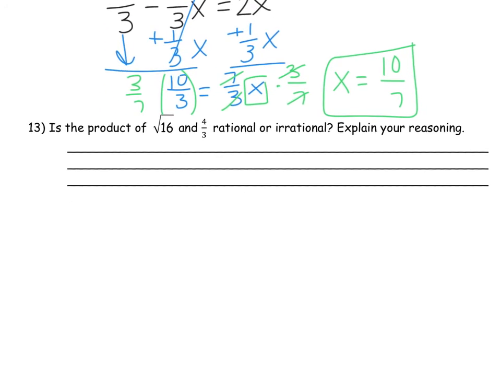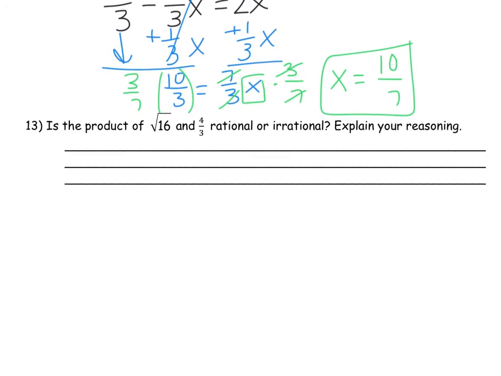And then finally down here, is the product of radical 16 and 4/3 rational or irrational? Well, radical 16 multiplied by 4 over 3 gives you something like 5.3 repeating.